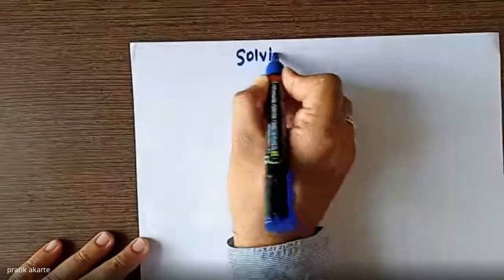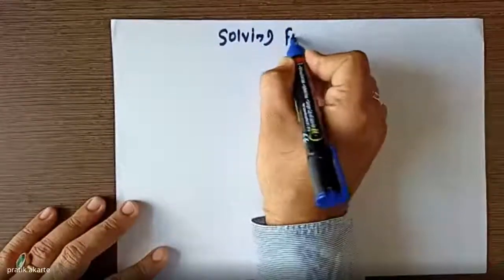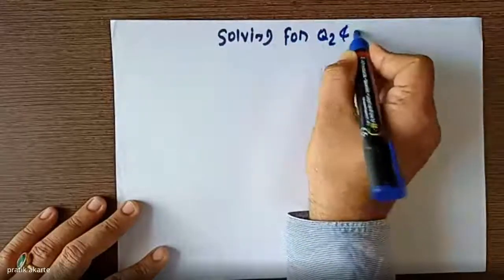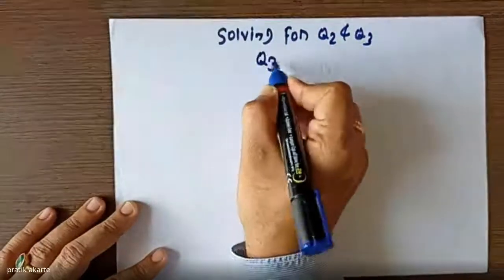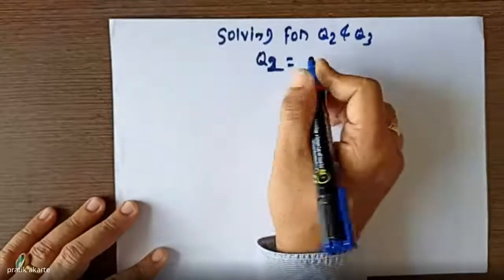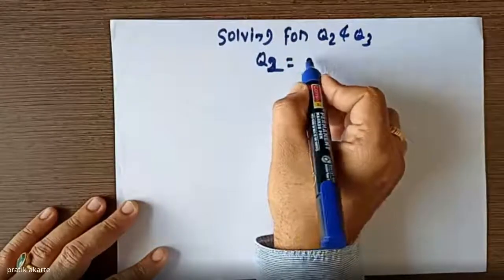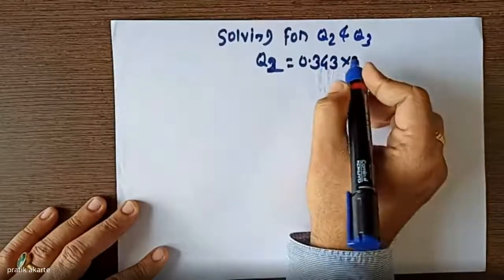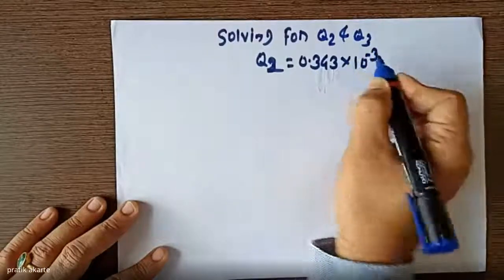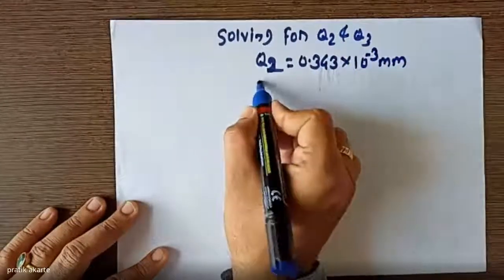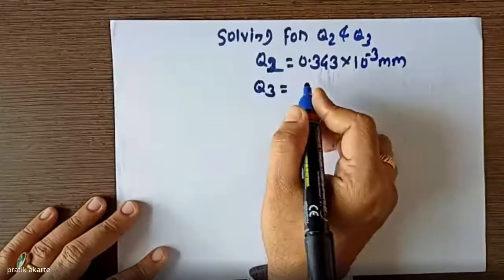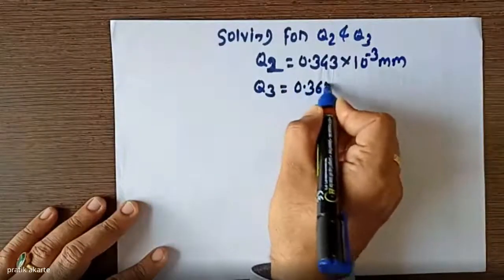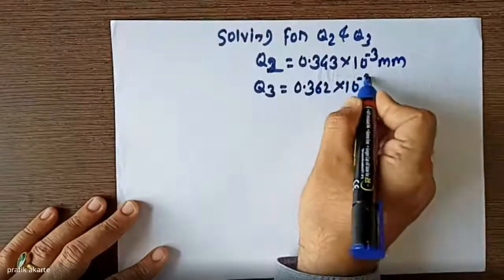After solving this for Q2 and Q3, we'll get Q2 as 0.343 into 10 to the power minus 3 millimeter, which is a very small displacement, and Q3 as 0.362 into 10 to the power minus 3 millimeter.